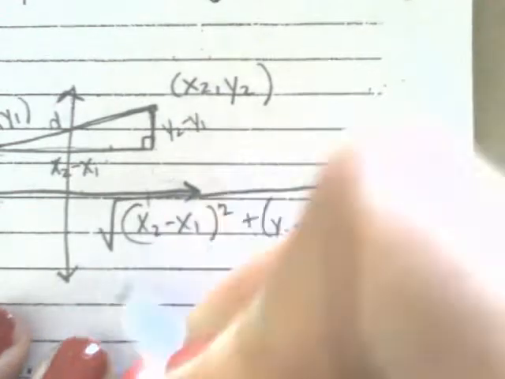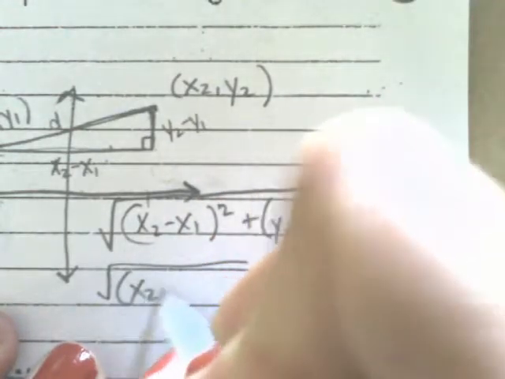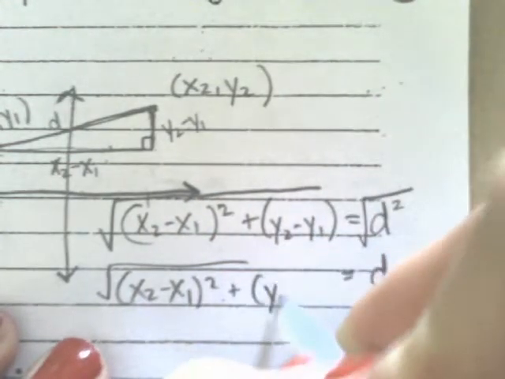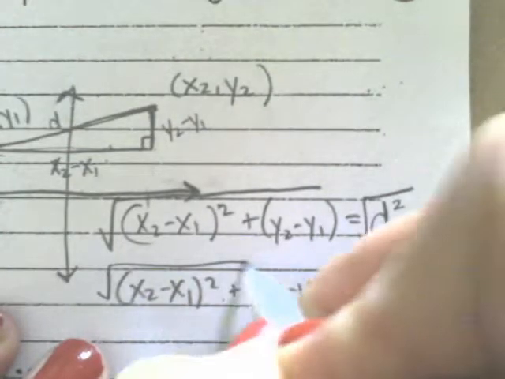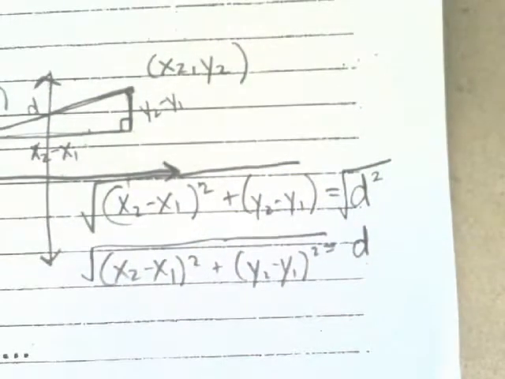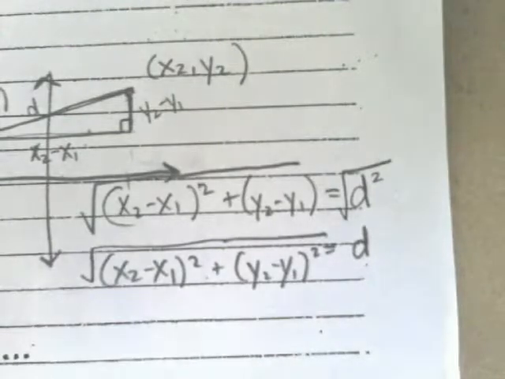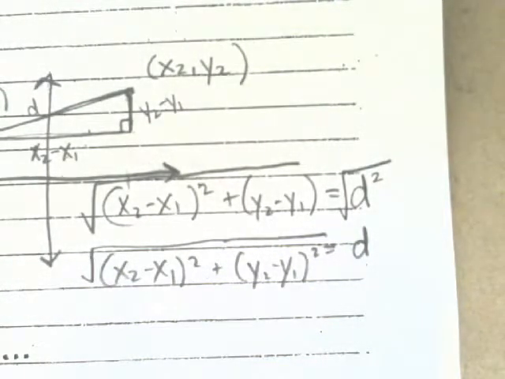So d would equal the square root of x2 minus x1 squared plus y2 minus y1 squared. And why don't I use a plus or minus? Can't have a negative distance, so just by the sake of what distance is.